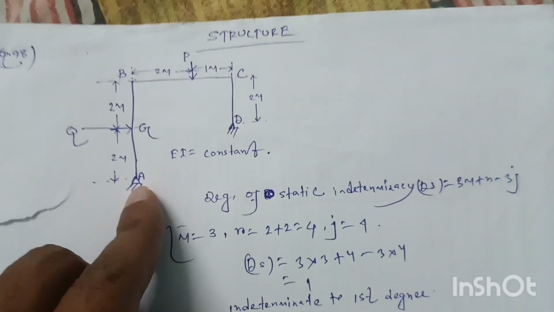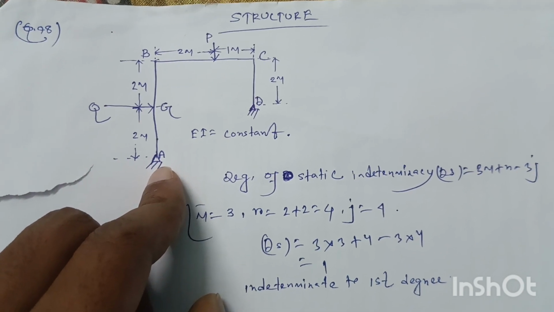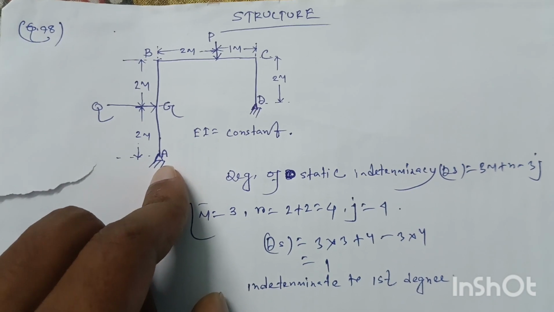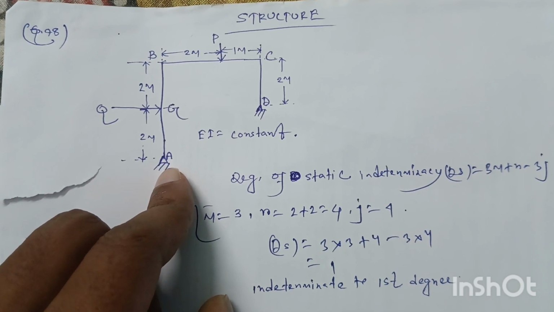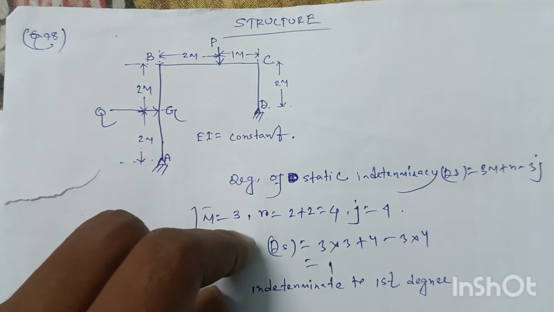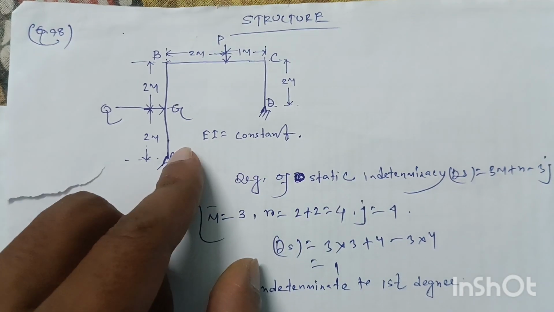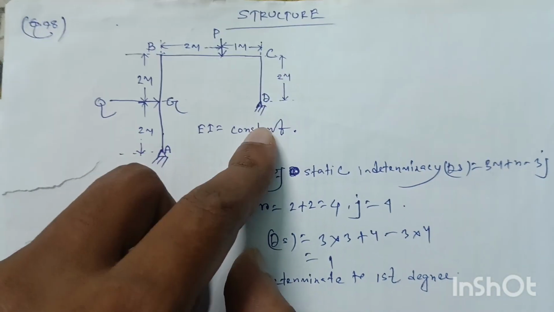So 4, because from hinge support we know two reactions we will get, one horizontal and another vertical. So total R will be equal to 4, and number of joints will be 1, 2, 3 and 4.